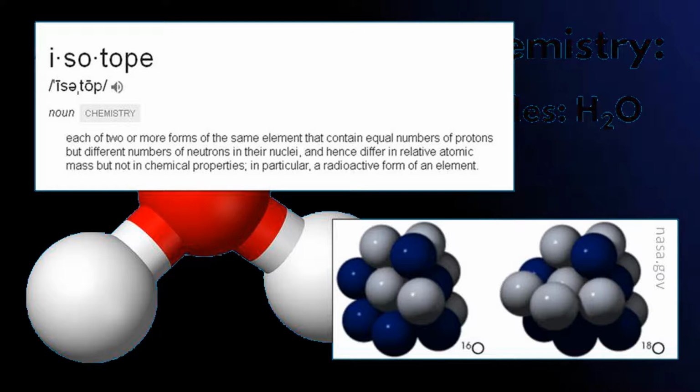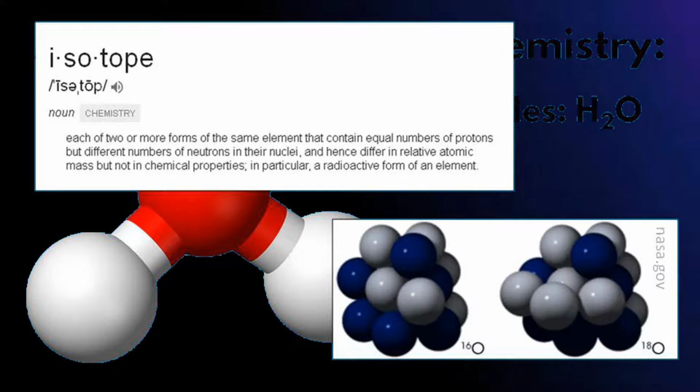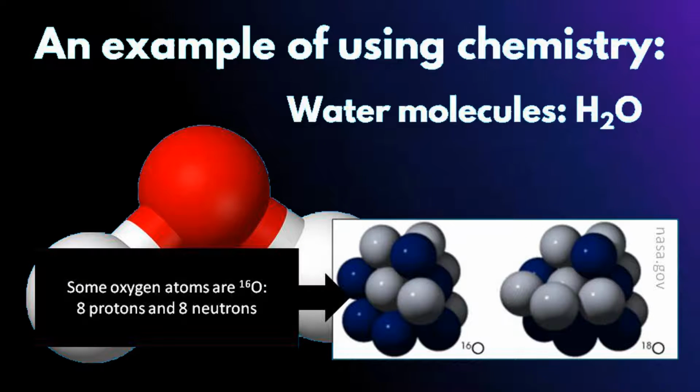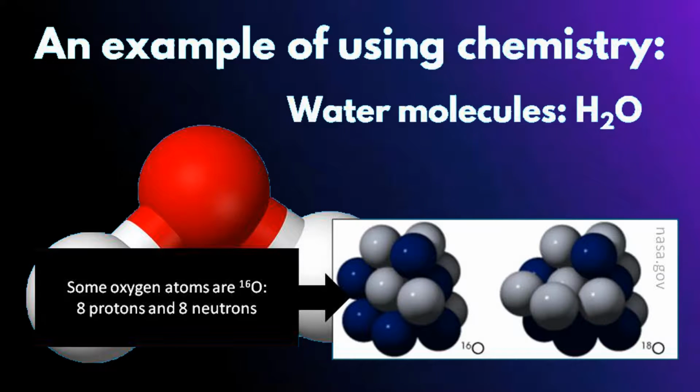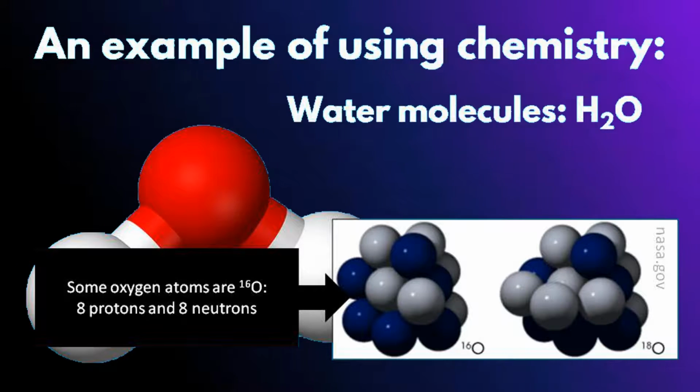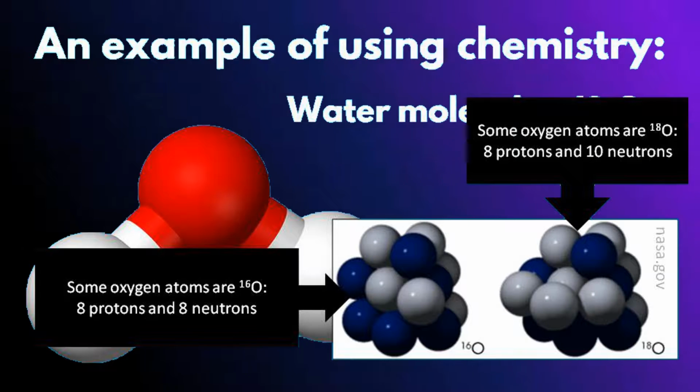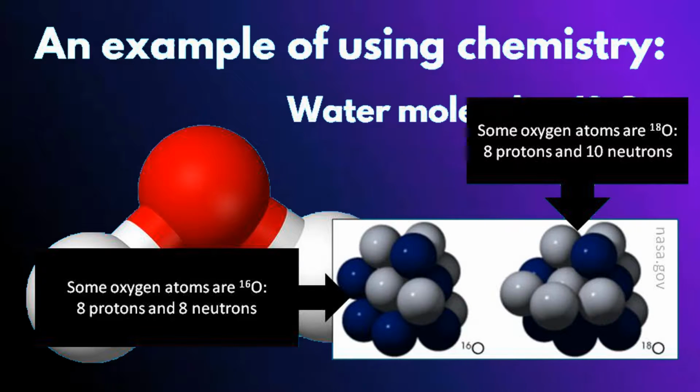What determines what that material is, in this case oxygen, is how many protons it has. The number of neutrons can vary. And in the case of oxygen, there's 2 main varieties. There's oxygen-16, which has 8 protons and 8 neutrons, and there is oxygen-18 that is 8 protons and 10 neutrons.